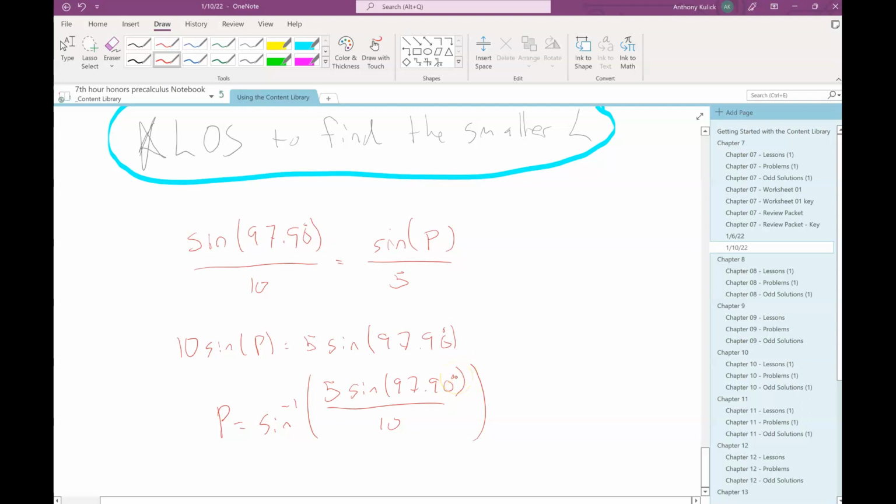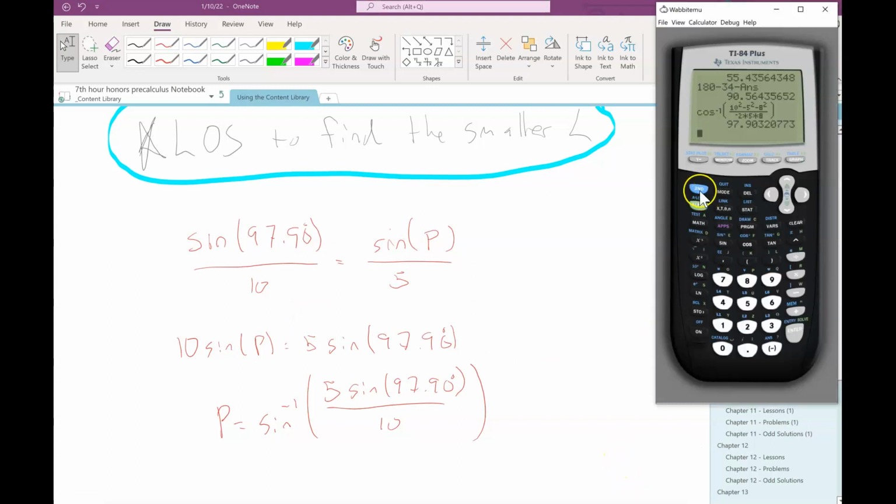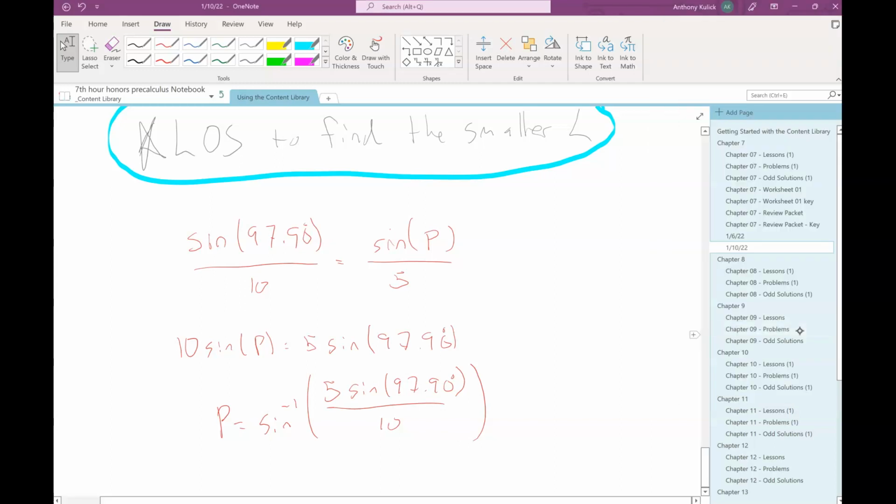I think at this point we did enough of these that I can get away with getting a little loopy on my work, since it's been the same set of steps over and over again. So I do that, I get 29.69.